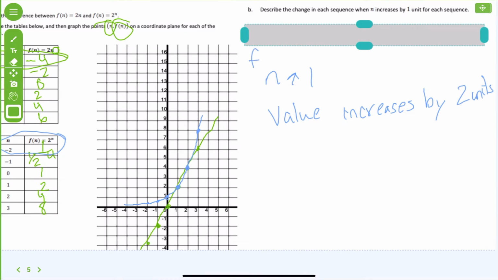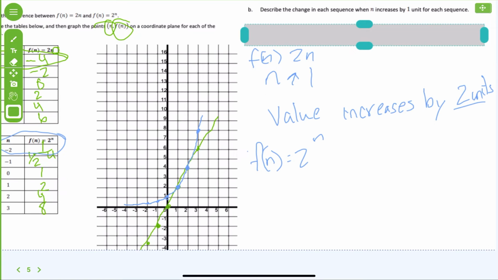And that is for f of n, wherein it's 2n. So it's increasing by 2 units each time.